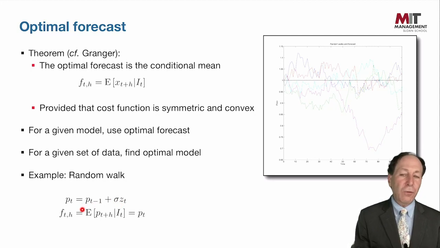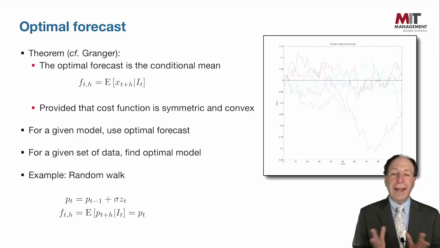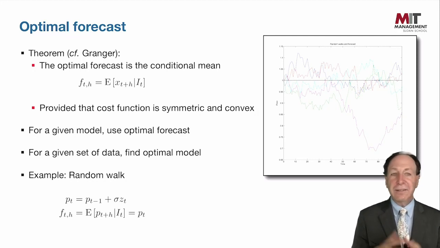What I do is I iterate this out to solve for p t plus h in terms of the previous t's. I take expectations, and because all I'm going to do is add together more z's, and those all have zero mean, the expectation of p of t plus h, given the information I have available, is the current price. That is, the forecast for the price h steps in the future is the current price.